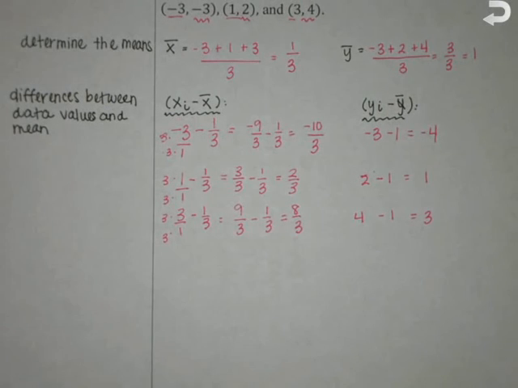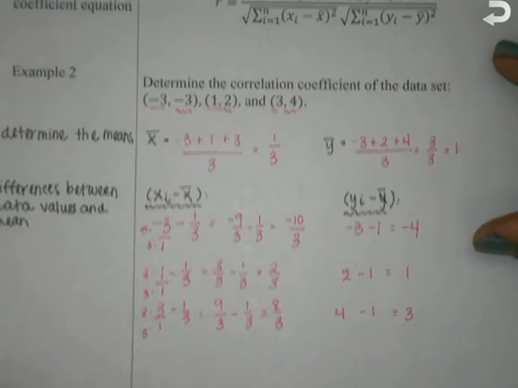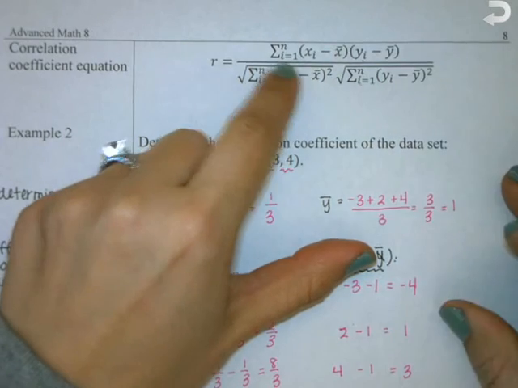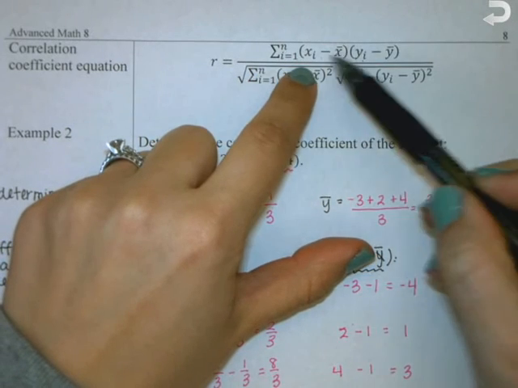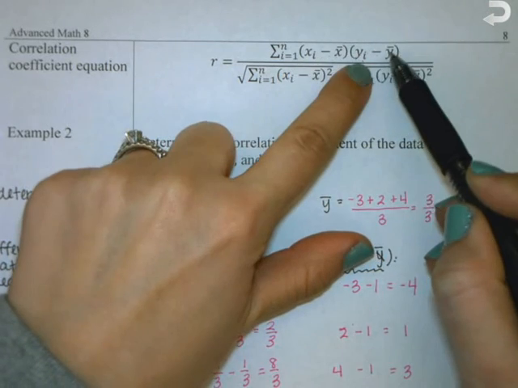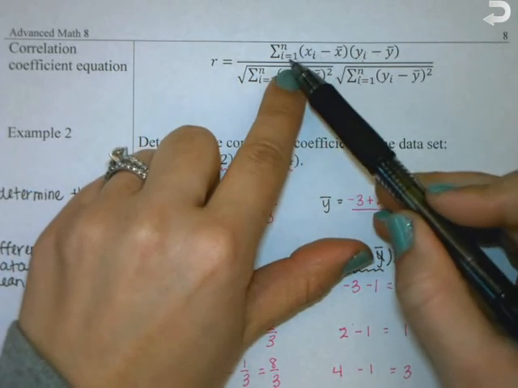Okay, so the next part that our formula wanted, so we just did the numerator part right here, each of those. They want us to multiply each x difference and each y difference together, and then add all of those products together.